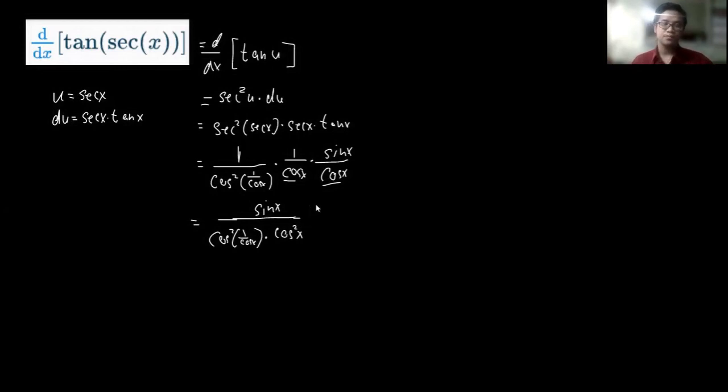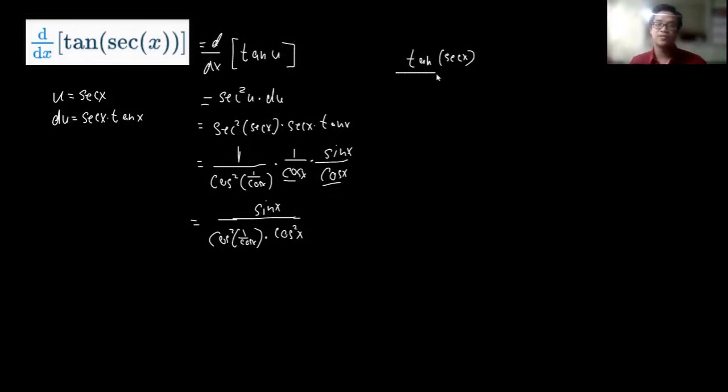By the way, if you're still not convinced by these substitutions, then you can just do the straightforward chain rule. All right, so let's do it again. Tangent of secant of x. First step is derive the outer part.